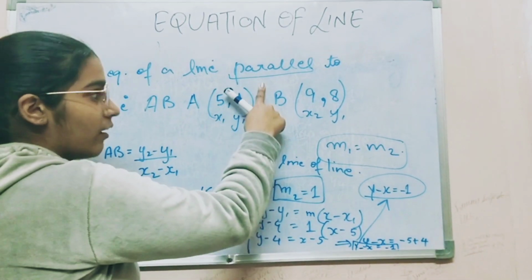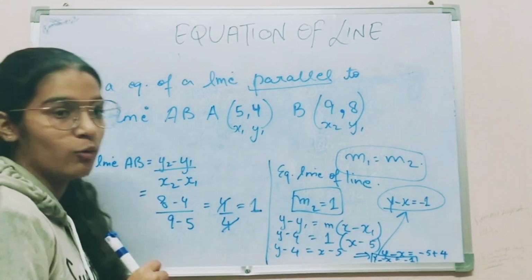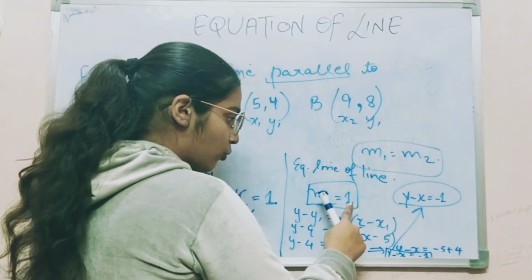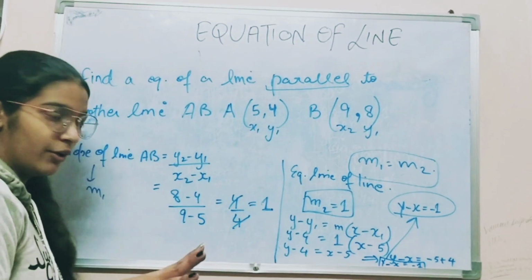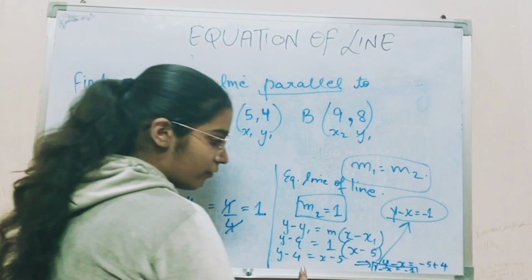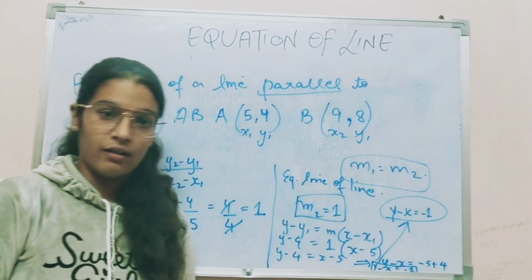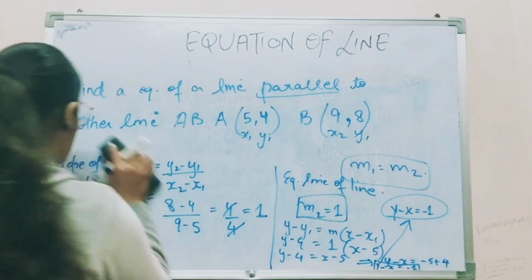Then the word parallel was given in the question, and I know that m1 is equal to m2. So I also got the value of m2. As I got the value of m2, I immediately applied the formula of equation of line, which I already told you. And after solving it, I got an equation. So the concept of parallel is quite easy as compared to the concept of perpendicular.